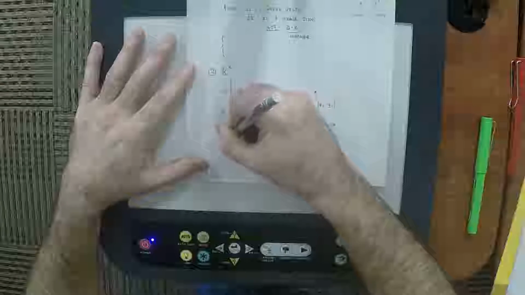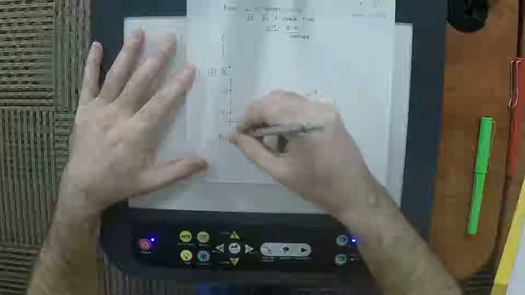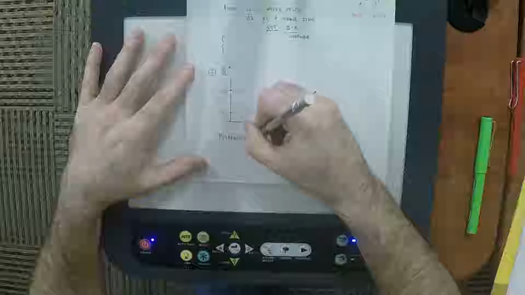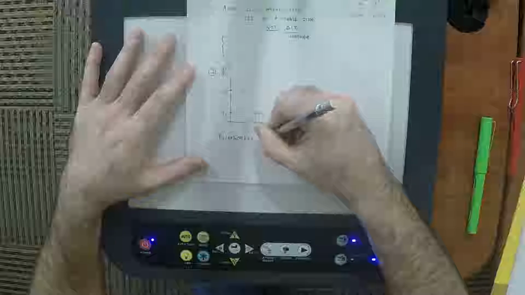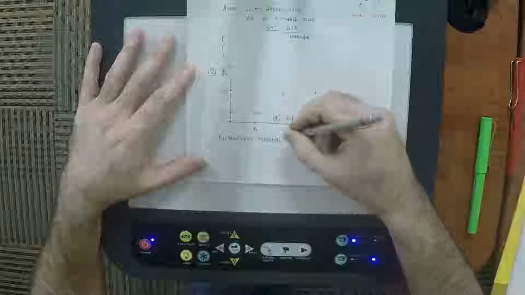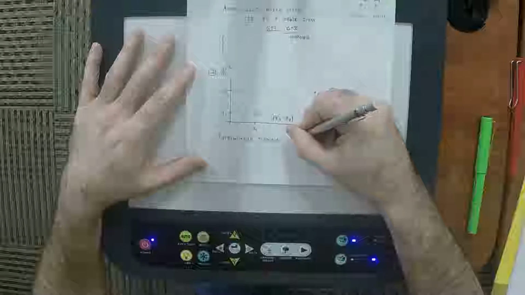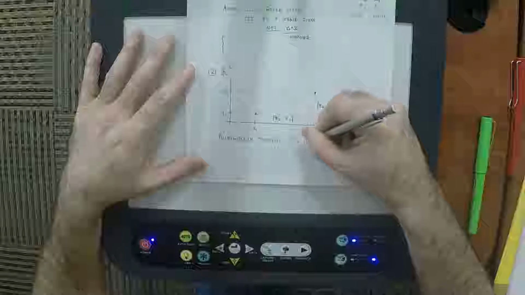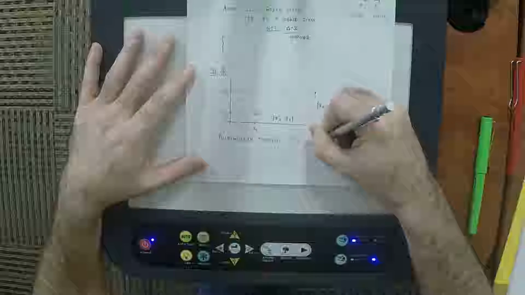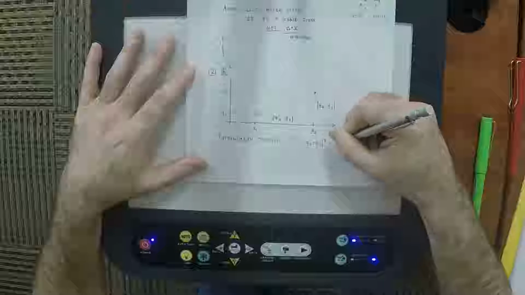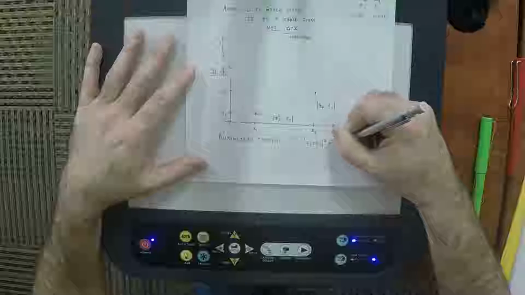The Pythagorean Theorem, which is presumed knowledge for this class. The Pythagorean Theorem tells us that the hypotenuse squared is the horizontal leg squared plus the vertical leg squared.